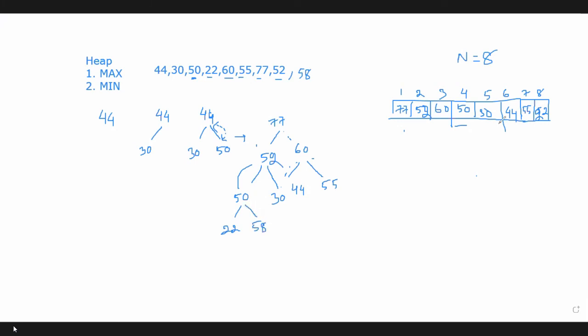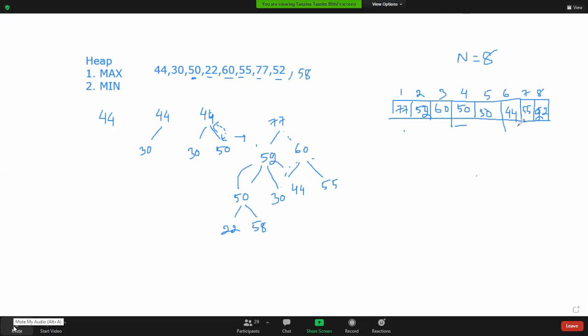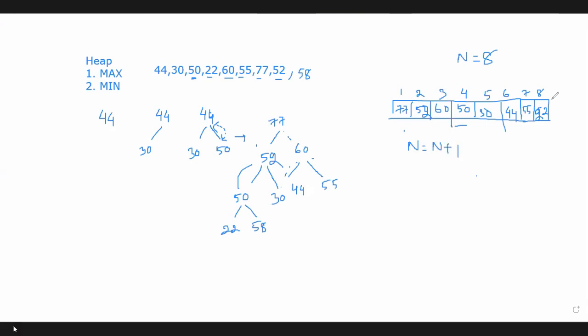So now the size of the array will be increased. Where will we insert the new node? After 8. So how will the size of the tree be increased? n equals n plus 1. After adding one more node in the array, now n equals 8 plus 1, that is 9. So we can insert 58 here.